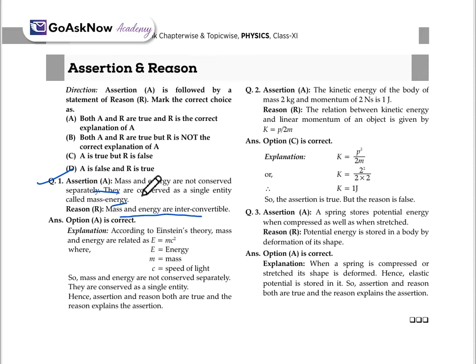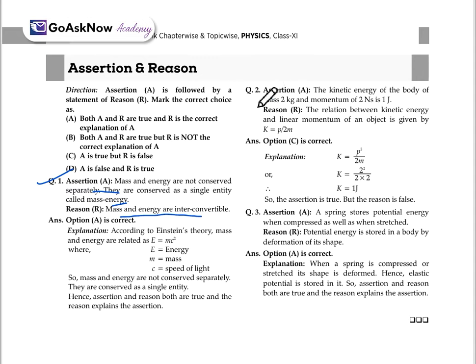Now moving to A. Yes, mass and energy are not conserved separately. They are conserved as a single entity, mass energy. We can conserve them as a single entity. According to Einstein's theory, energy is equal to mc square. We know that mass and energy are not conserved separately. They are conserved as a single entity. Hence, assertion and reason both are true, and the reason explains the assertion as well.